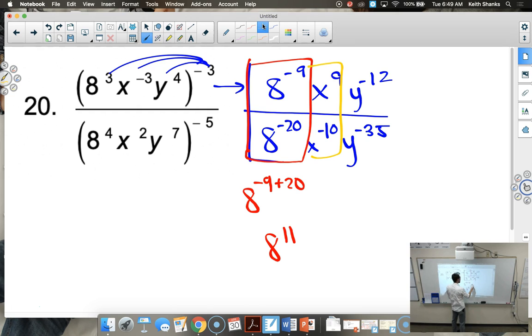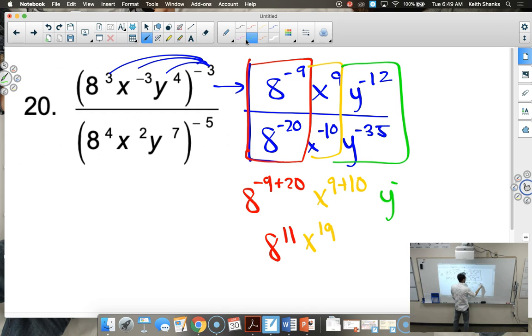All right. You go to the second one. You got these guys. This would be x to the 9th minus negative 10. That's x to the 19th. And then the last one here is y to the negative 12th minus negative 35.